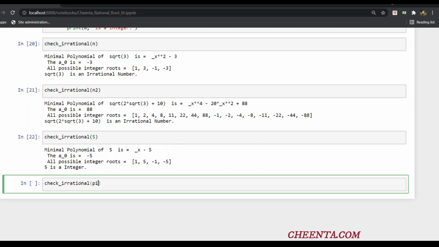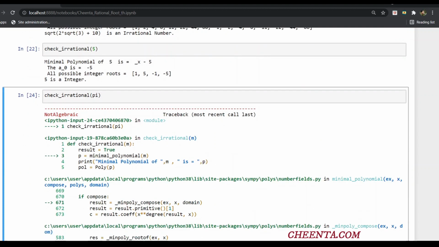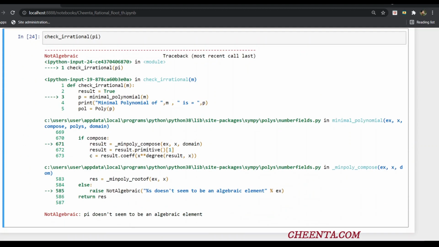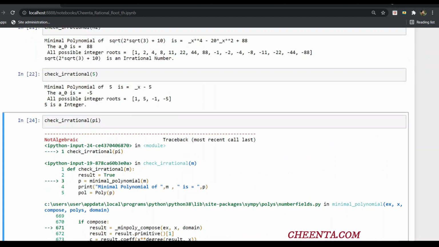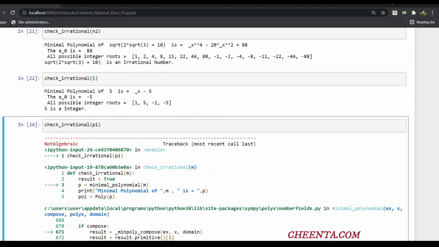Let's see what happens. You see it is giving me a whole bunch of errors, but at the last it is written pi does not seem to be an algebraic element. What does this mean? This means it is a transcendental number, and we can't actually do that because they do not have an algebraic equation. They are not the solution of an algebraic equation. So for those, this particular thing will not work.